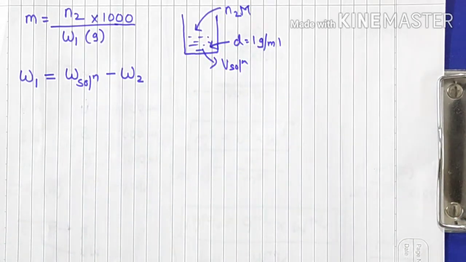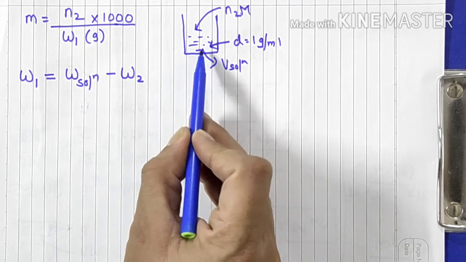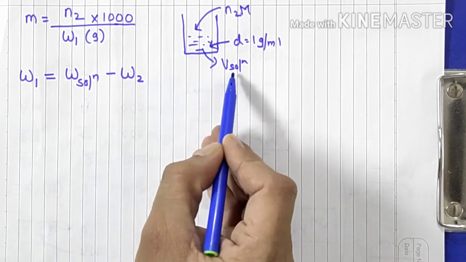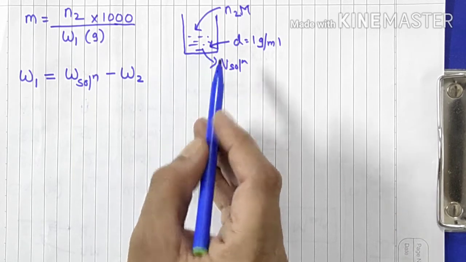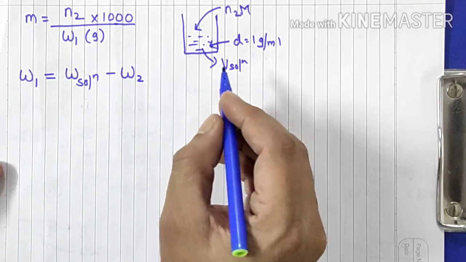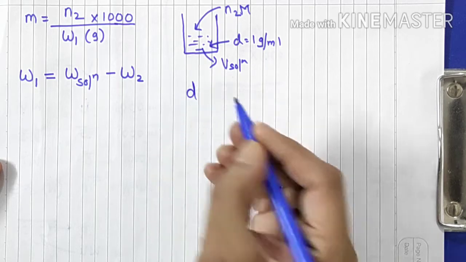Now, student, suppose I want to find out the weight of this solution. We know the volume of the solution, we don't know the weight, but we do know a formula which converts volume into weight, and that formula is density.